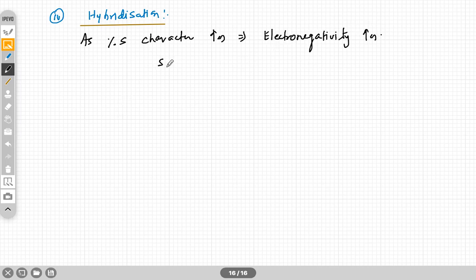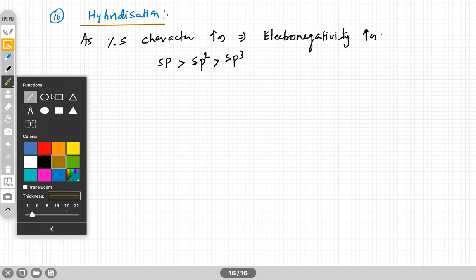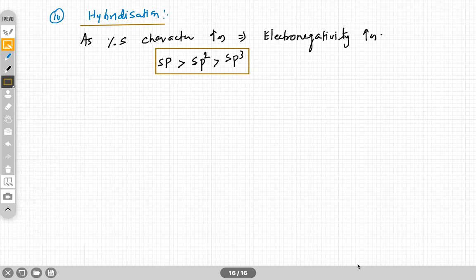Like we know, sp hybridized carbon has maximum electronegativity, then sp2 and then sp3. Do you remember this? Yes. In GOC we have discussed it, right? So this is also we have here, right? Okay.